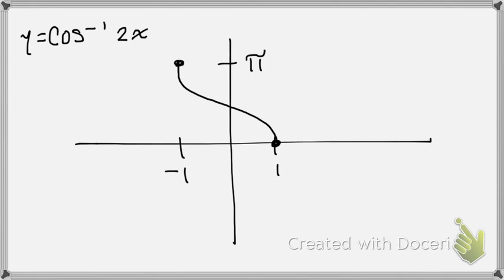That's the parent function. What does this 2 do? Cuts it in half, right? So I'm going to go half, -1/2, like that. And I'll erase the parent function there. And that's it.